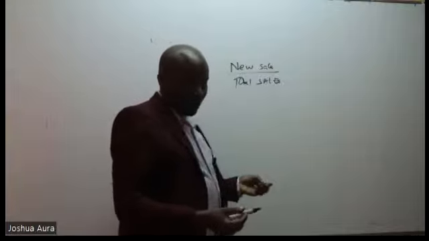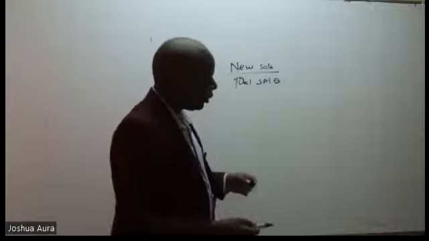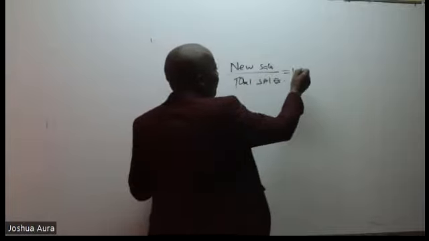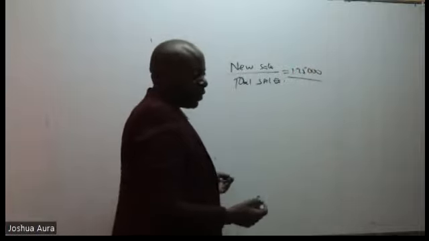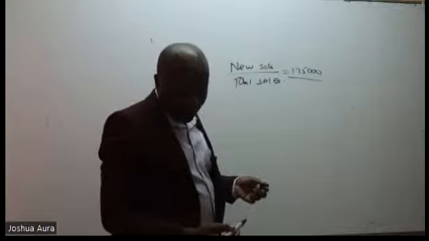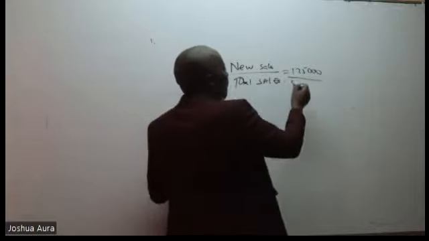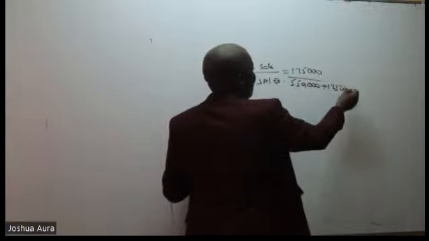So the new sales revenue is 125,000 all over the total sales revenue, which would be 550,000 plus 125,000.